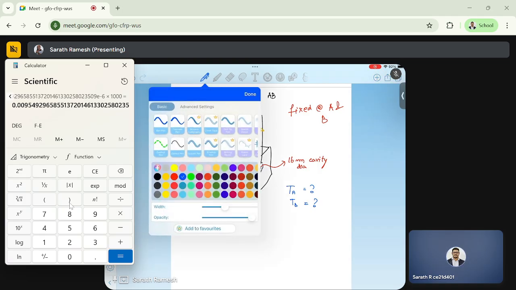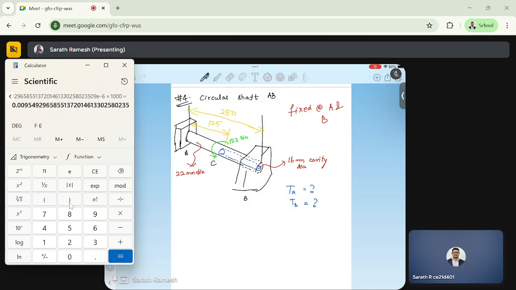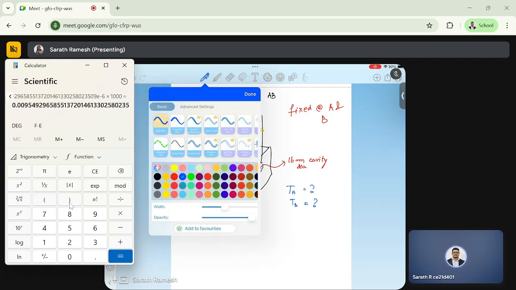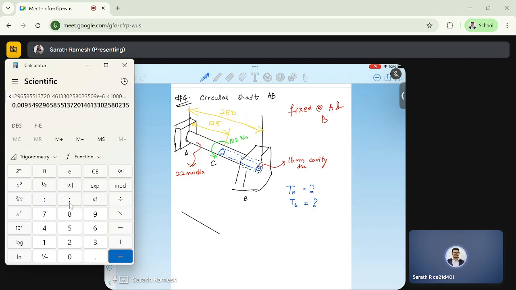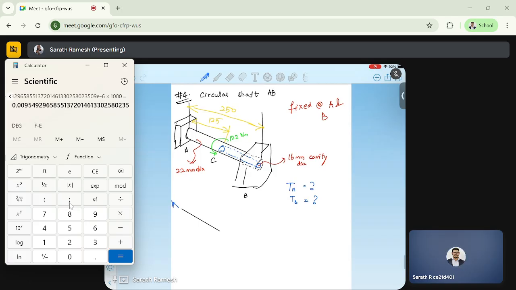When I cut the free body at A, C alone, just left of C, assume there is some TA reaction. Just left of C, this TA will be there, in the opposite direction.